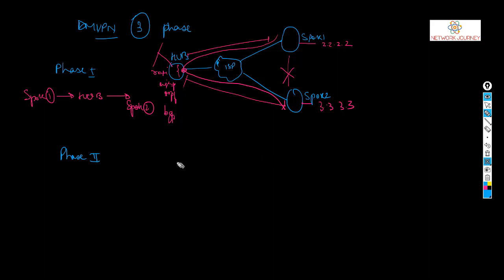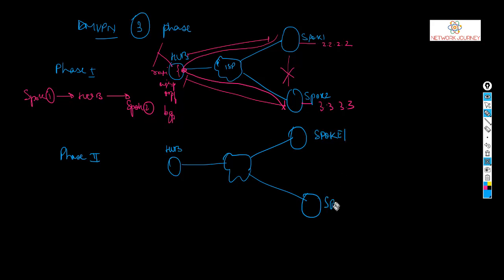So when I draw the same thing, in the case of phase 2, both the spokes first get registered, which we just discussed.